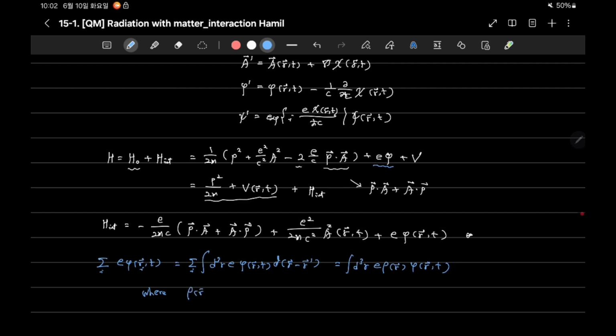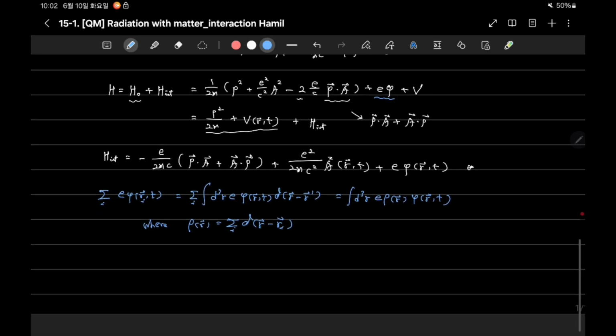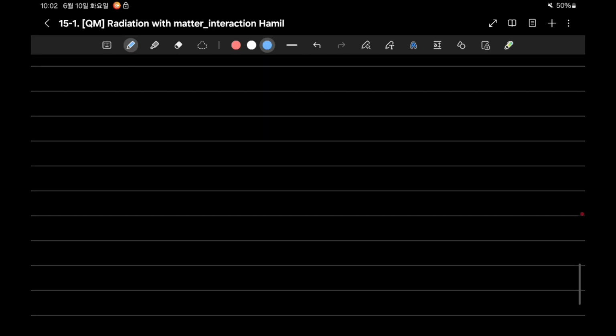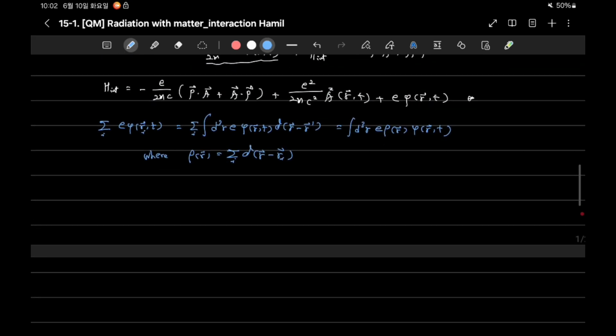This charge density is the multiplication of the summation with the Dirac delta function, because each Dirac delta function means a point particle, and a summation over very many particles can be thought of as the charge distribution.